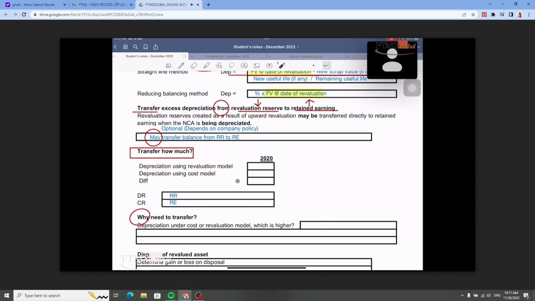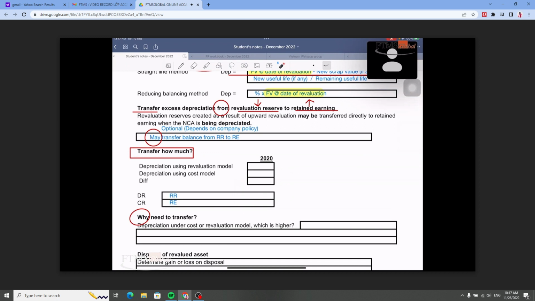So I give you a clue, very simple. Let's say, for example, I bought a building 20 years ago for 100,000, and I'm using cost model starting from that time.